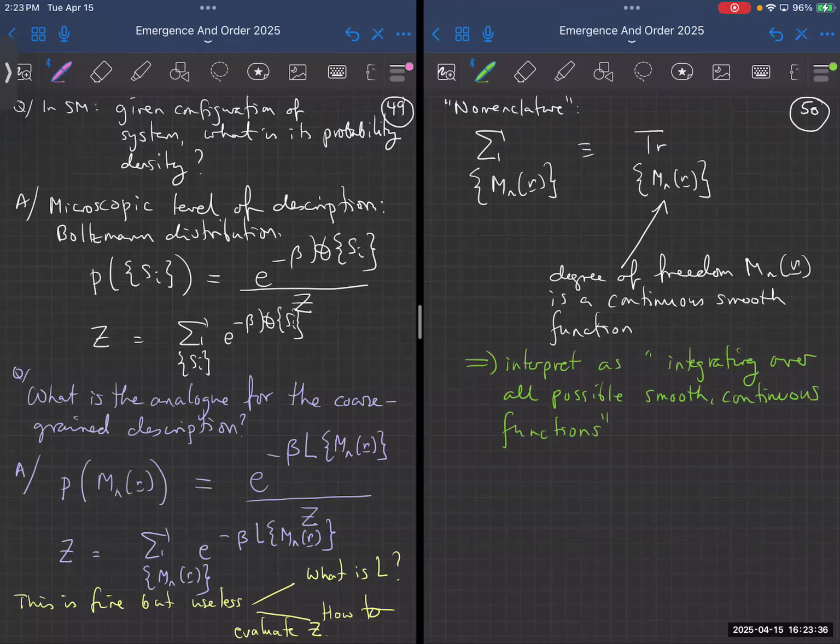That is the analog of summing over all possible discrete states of a spin. We give a name to this: functional integration.